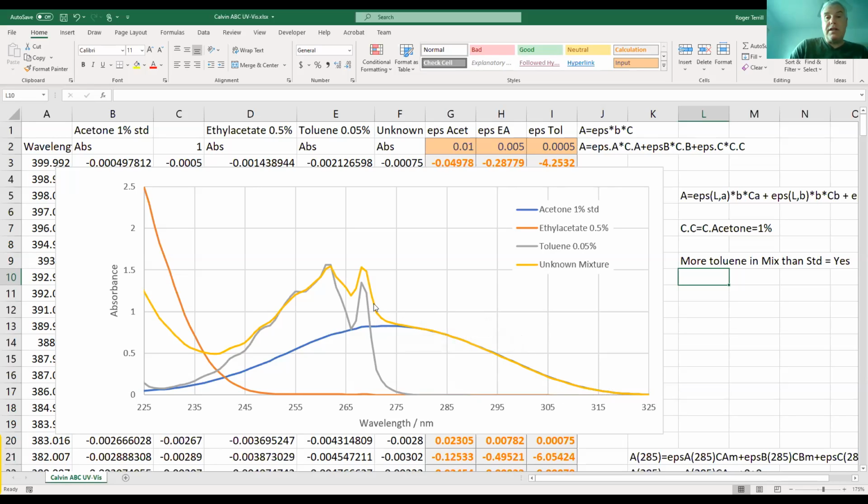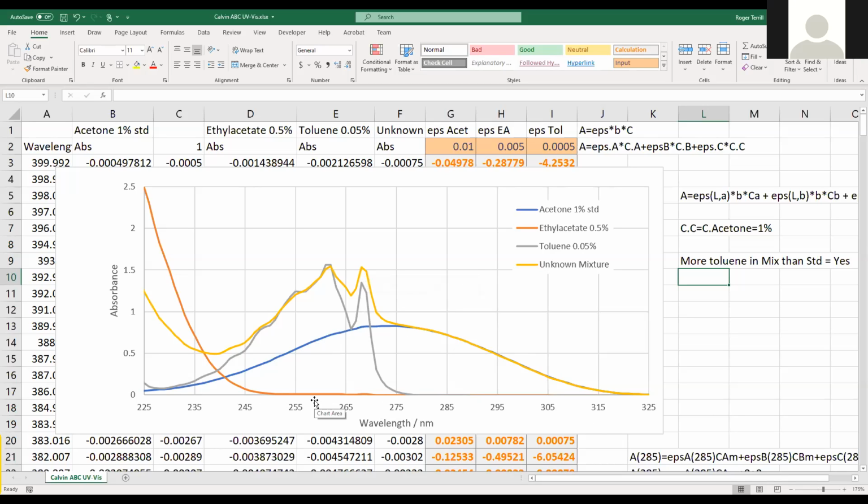So here's this golden spectrum, right? And it has three components, right? It has toluene, acetone, and ethyl acetate. So in this golden spectrum, does the contribution to the absorbance due to acetone change as we look at it at different wavelengths?